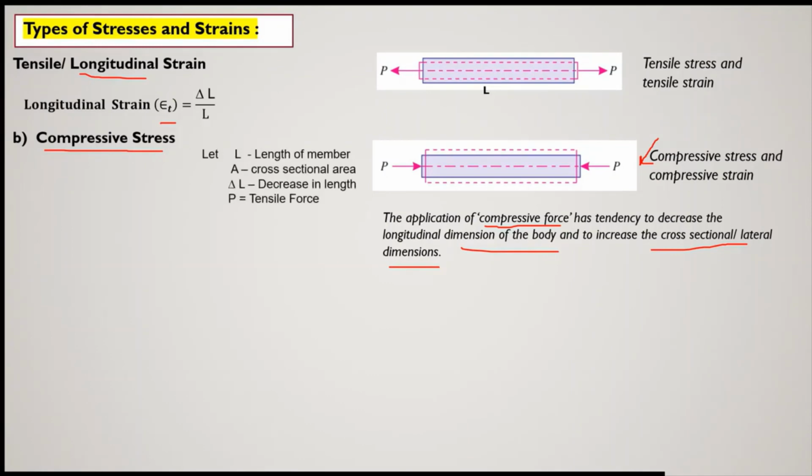Now if you find here, delta L is decrease in length. Earlier in tensile stress, delta L was increase in length.